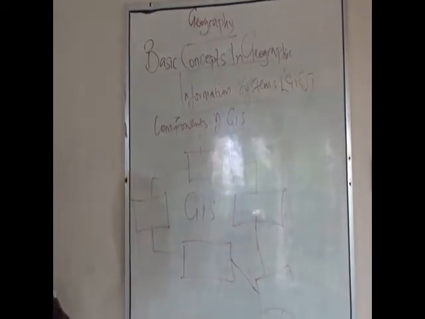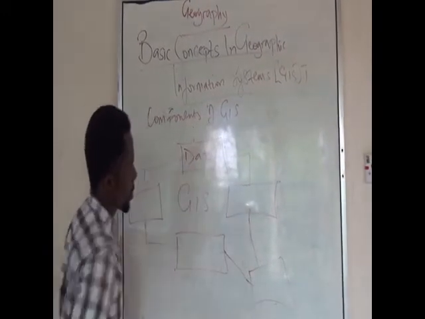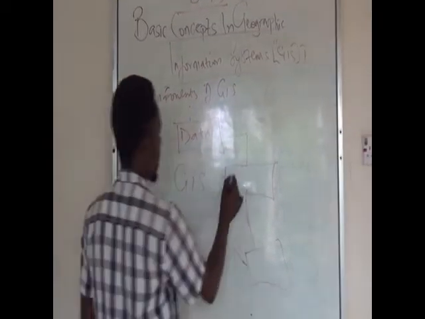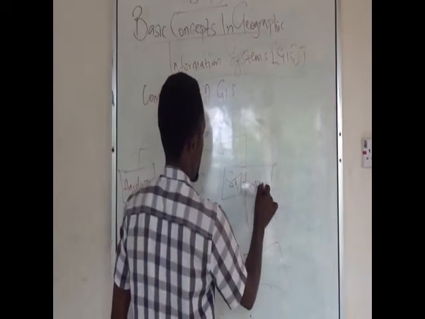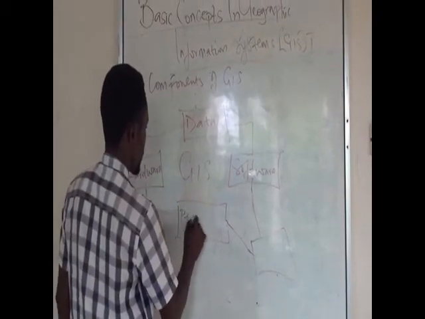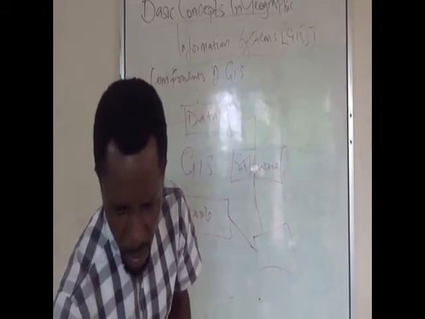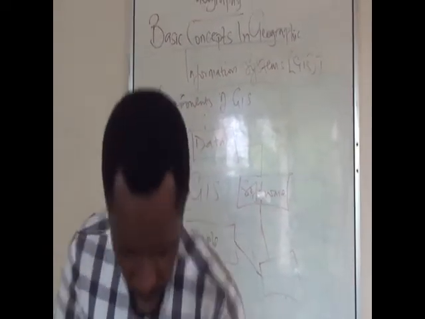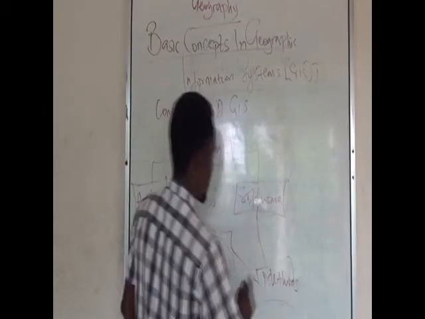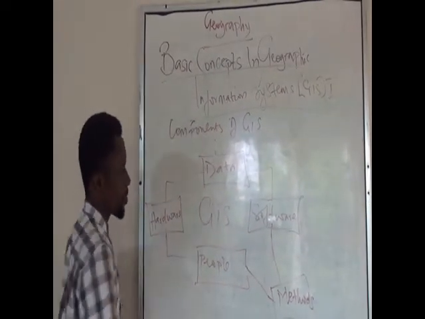There are 5 major components. We have data, we have hardware, we have software, we have people, and finally we have methods. These are the 5 components of GIS.